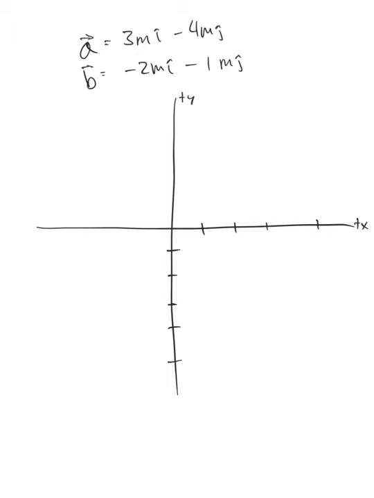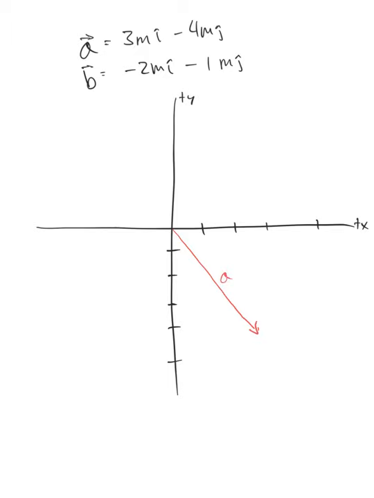But if I want to add two vectors together, there's also a simple way of doing that graphically. So let's imagine that I have a vector A, which is 3 meters in the x direction and negative 4 meters in the y direction. So that means that it points from the origin to the point (3, -4), like this.